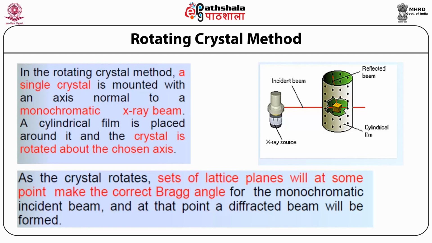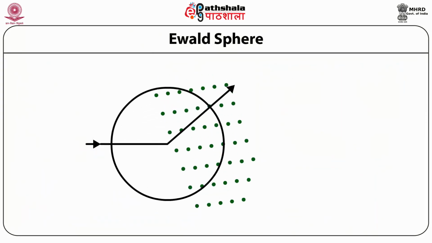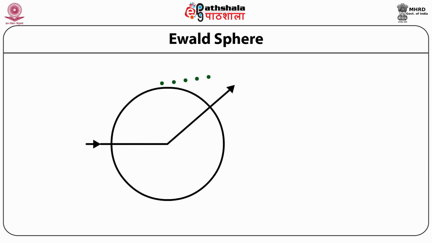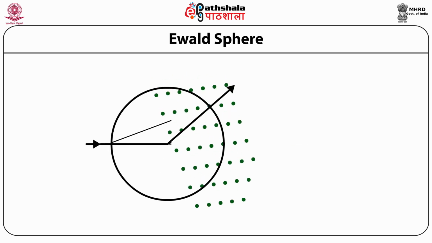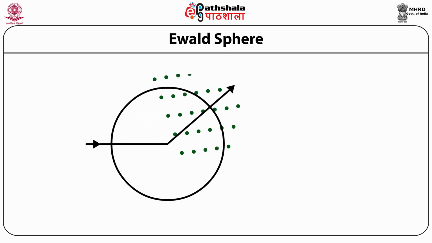Now we show you the equivalence of the Bragg condition and the Laue condition in terms of the Ewald sphere. You can see that the diagram shown here in terms of dots is not a real space lattice, but a reciprocal space lattice.